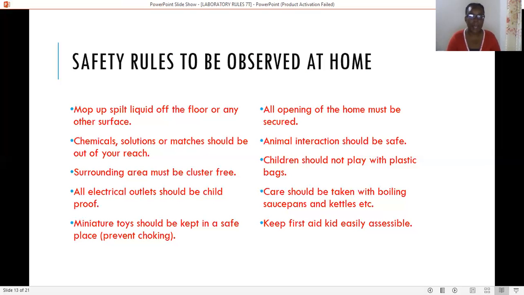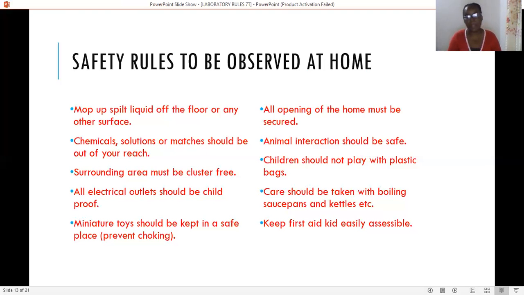Point 9 now, care should be taken with boiling saucepans and kettles, etc. So many of us will forget that when we're cooking, to ensure that the handles are turned in to the stove instead of outside, because even ourselves, when we are in front of the stove, might pass by and bounce on it and it spills and it burns us.